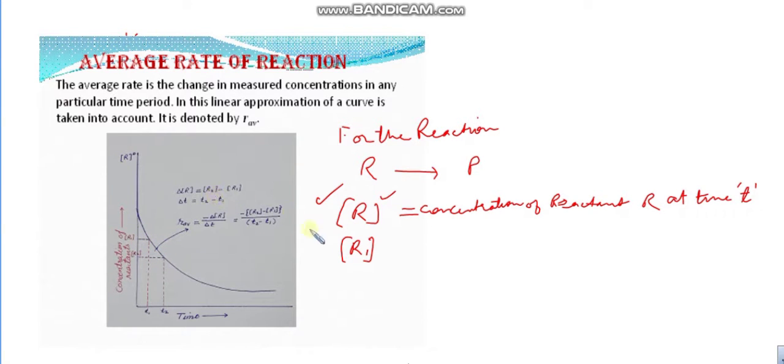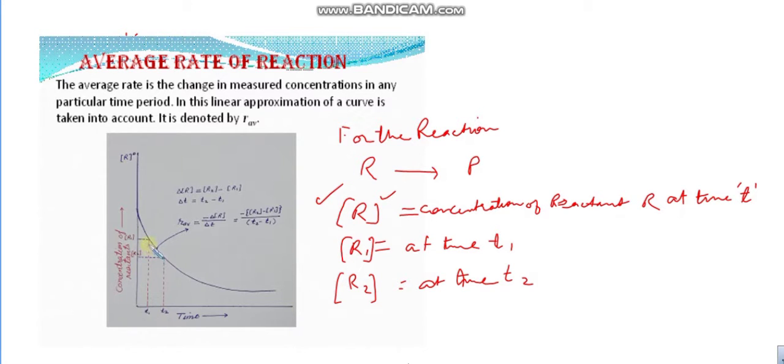We have taken here concentration is R1 at time t1, and at time t2 suppose concentration is R2. The corresponding concentration at time t1 is R1, and at time t2 its corresponding concentration is R2.